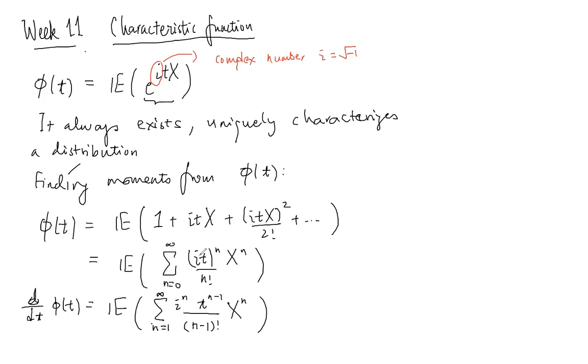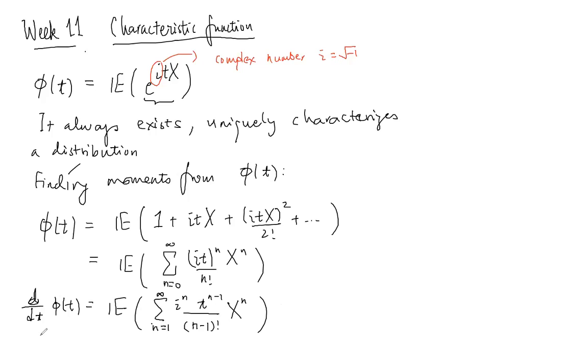Because you are differentiating with respect to t. So this n comes down and it cancels with the n term here, so you get n minus 1 factorial. So you subtract 1, but instead of starting from 0, you start from 1 now, because this has to be at least 0.